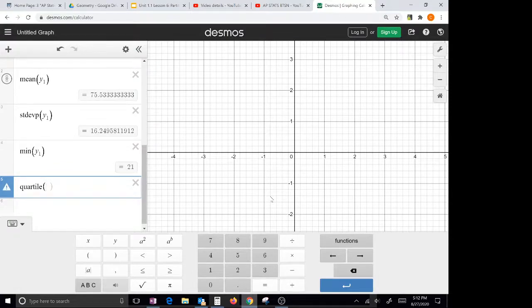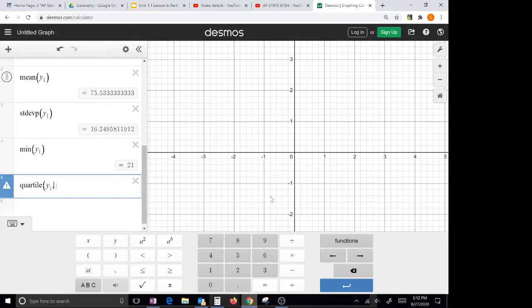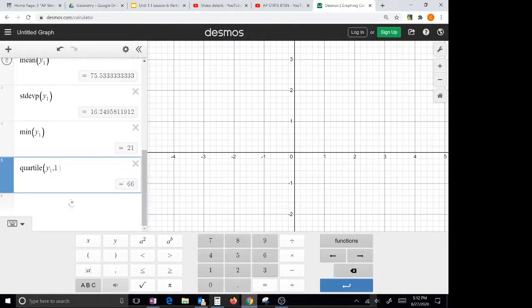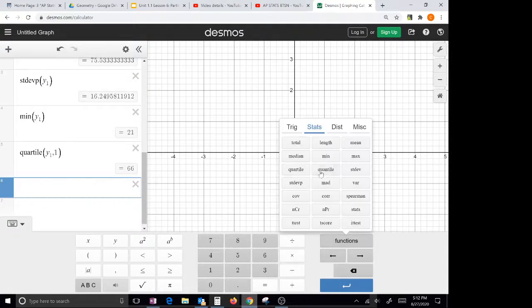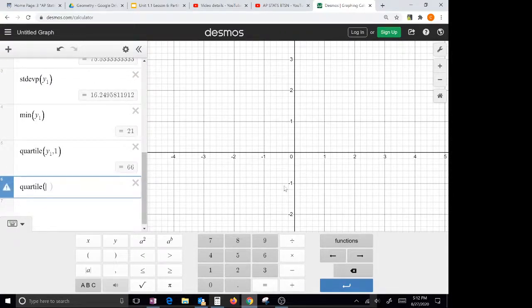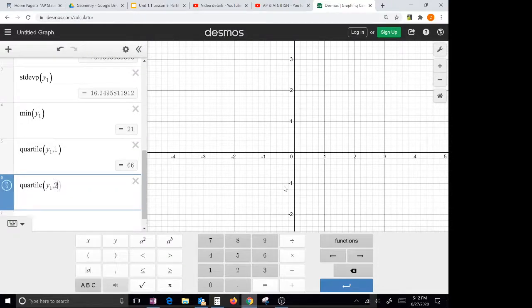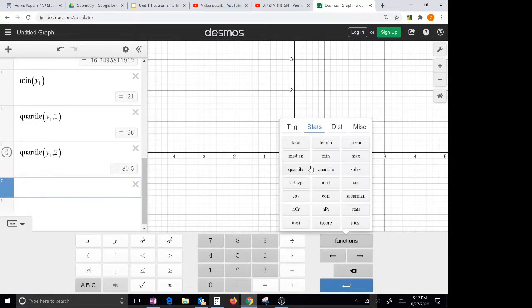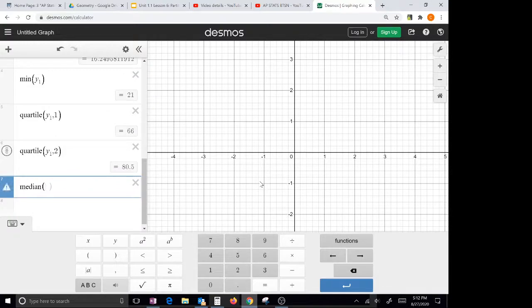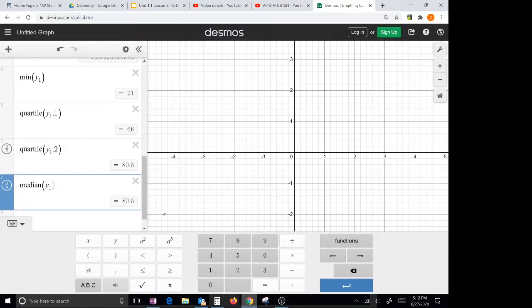So we put quartile y1, and then if we want our first quartile we have to hit comma 1. If I want my median, there's two ways I can get that. I can do the same thing I just did, but put quartile 2, that's actually another name for our median, or I can just click on median, and it gives us the same value.